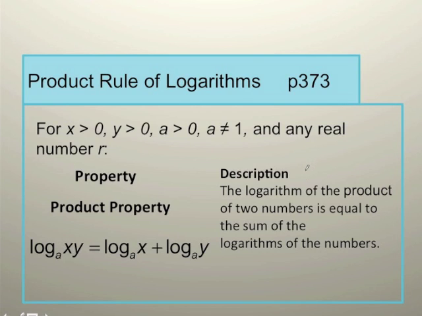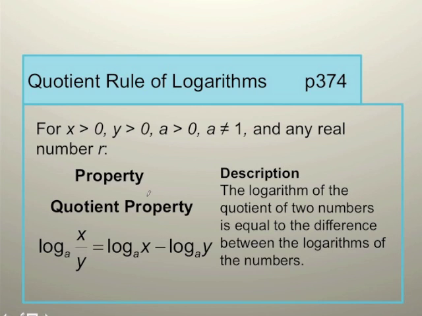What I need you to remember is that x cubed times x to the 4th equals x to the 7th. So that's exactly what we're saying here. The logarithm of x times y equals the logarithm of x plus the logarithm of y when we're using the same base. These were all base A.